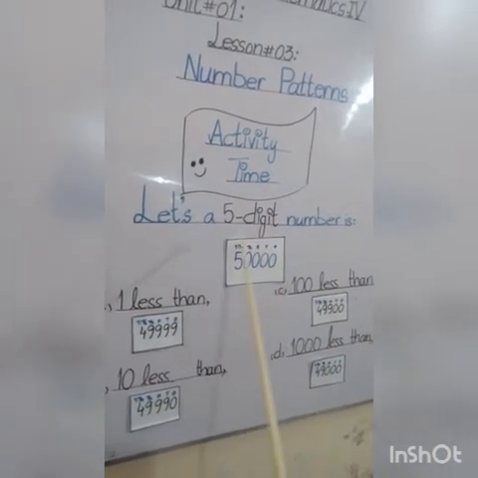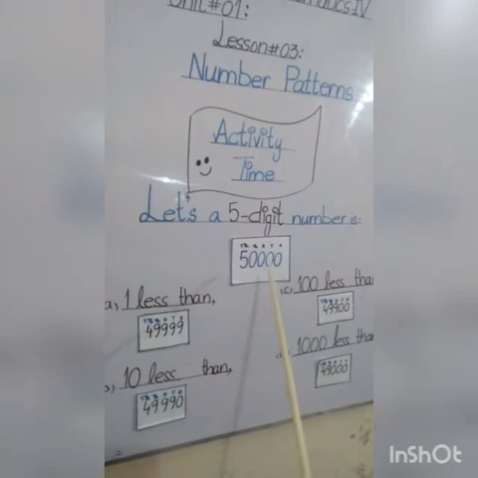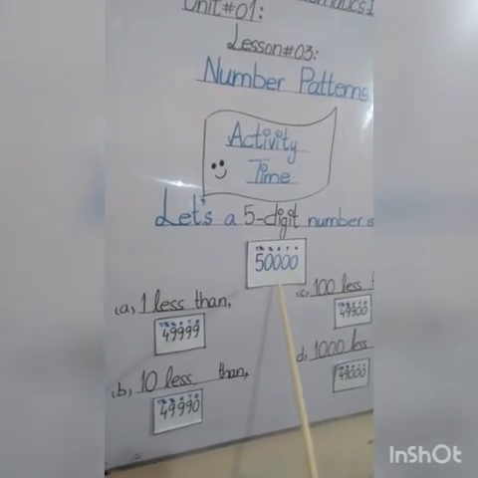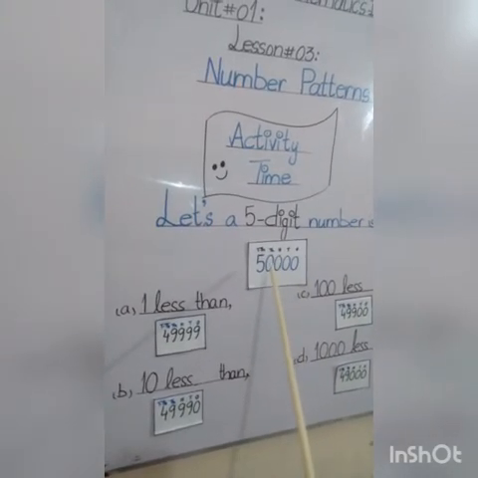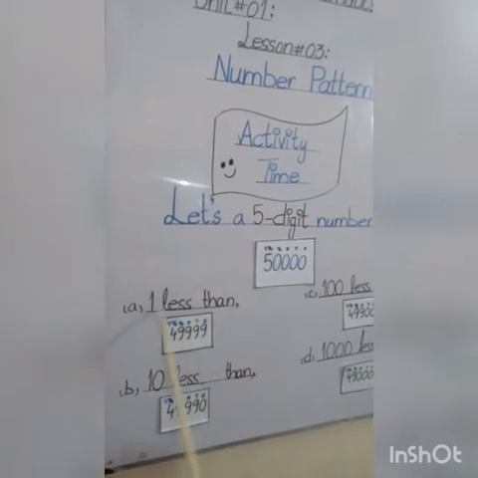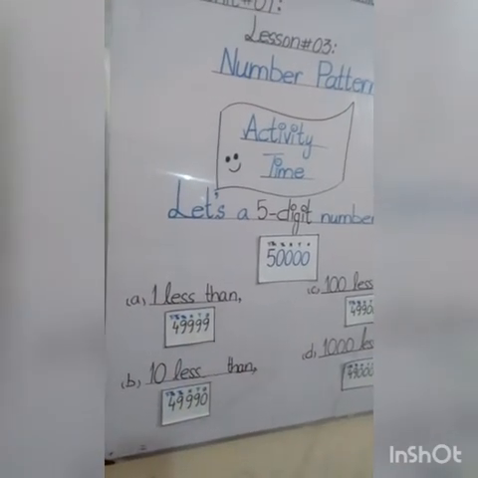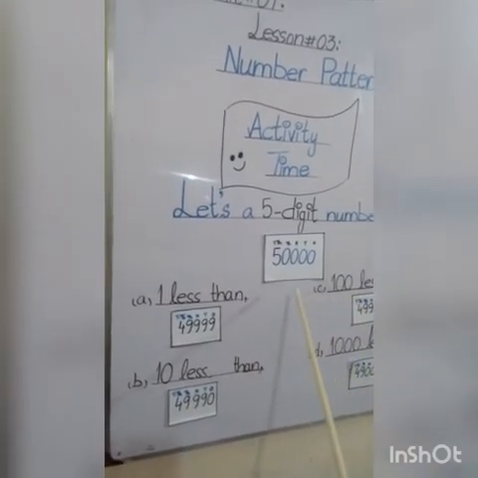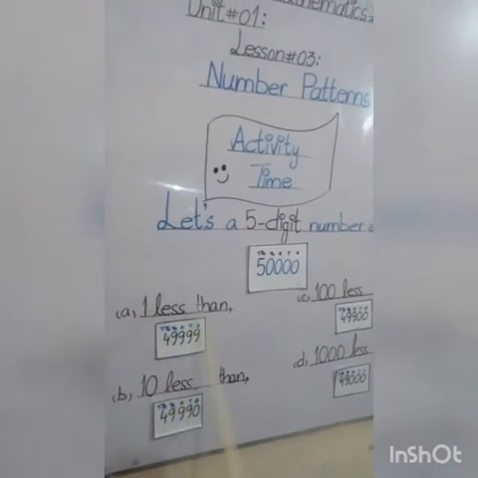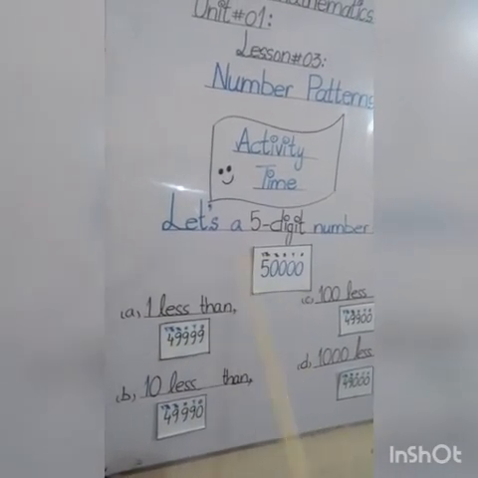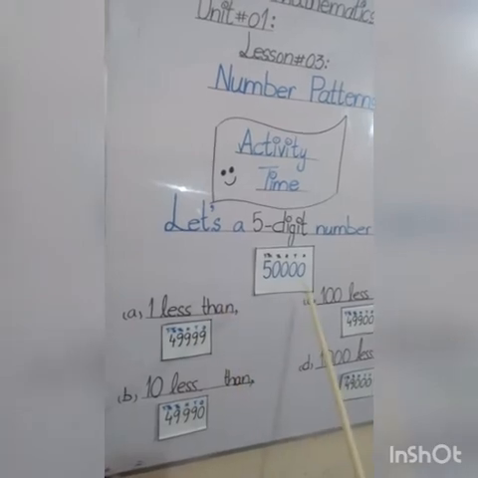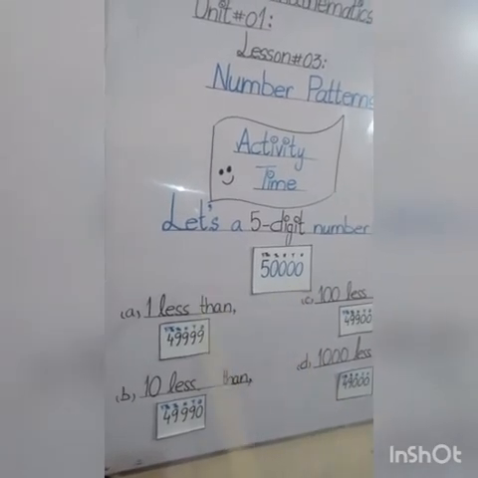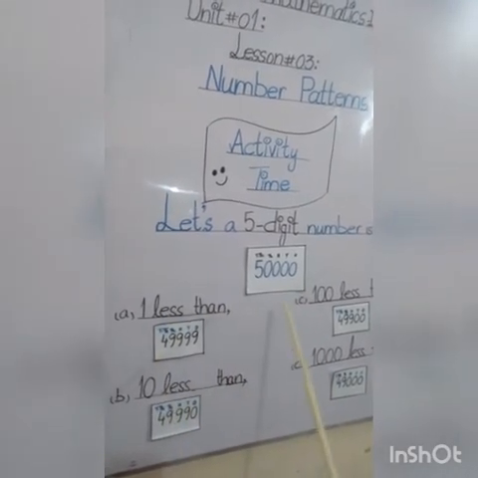Activity time. Let's say a 5-digit number is 50,000. Ones, 10, 100, 1,000, 10,000. And now we have to subtract these given digits from 50,000. In part A, 1 less than 50,000. It means we have to subtract 1 from 50,000.